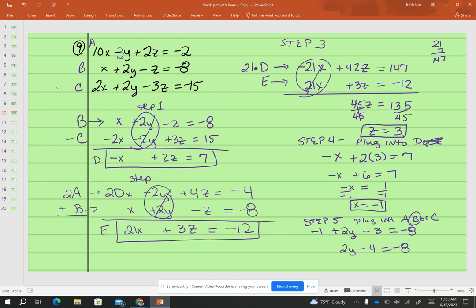I'm going to add 4 to both sides, and I get 2y equal negative 4, and I get y is equal to negative 2. So now my official answer is negative 1, negative 2, and 3. There we go. That's your x, your y, and your z. All right, keep practicing. It's just math, y'all.